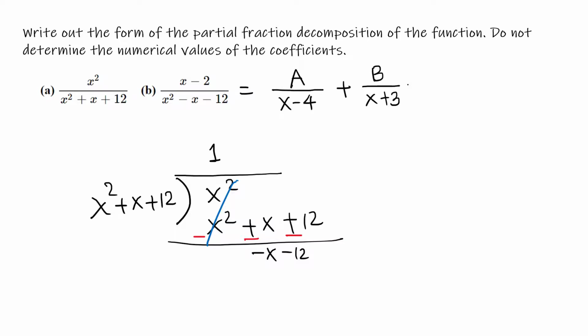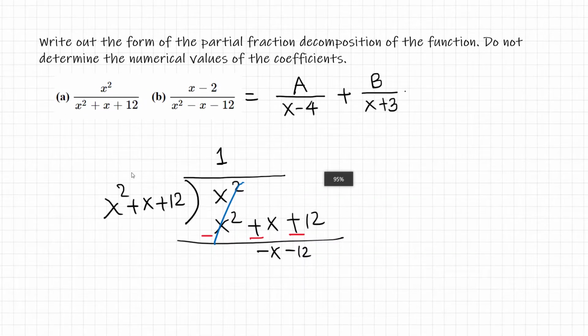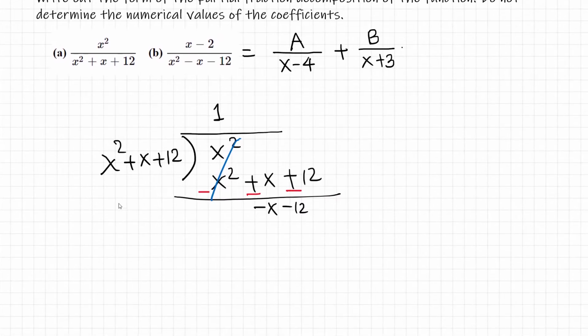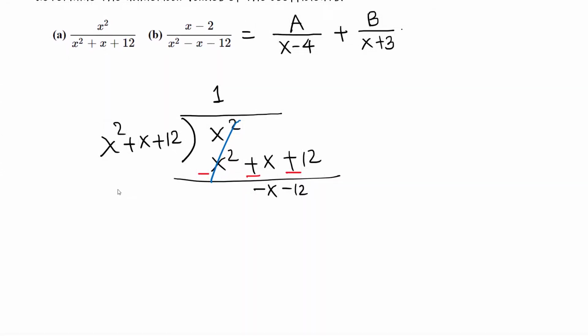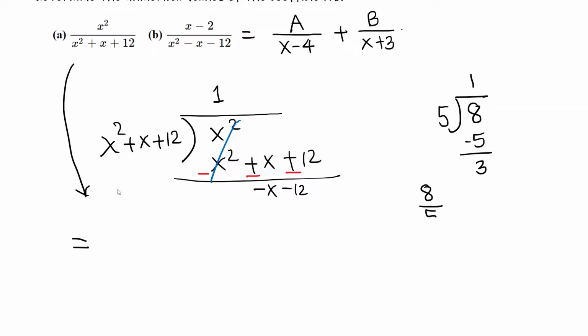So what we do next is, this fraction is in fact part A. So this fraction is the same as, like when we divide 8 by 5, 5 goes into 8 one time, 5, and we subtract. So 8 over 5 is the same as 1, that's the quotient, plus 3, the remainder, on the top divided by 5.